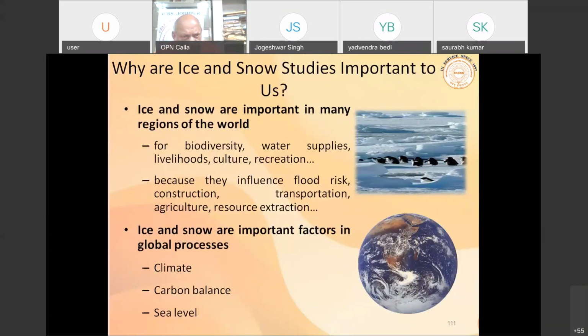Here we are showing ice flow, biodiversity, and water supplies, because they influence flood risk, construction, transportation, and agriculture. So ice and snow are important in many regions of the world, and are important factors in global processes: climate, carbon balance, and sea level.